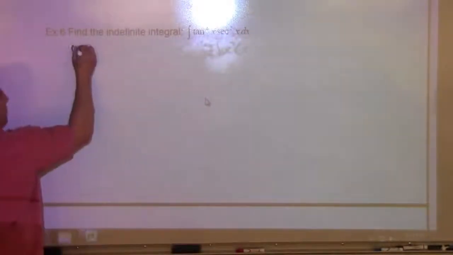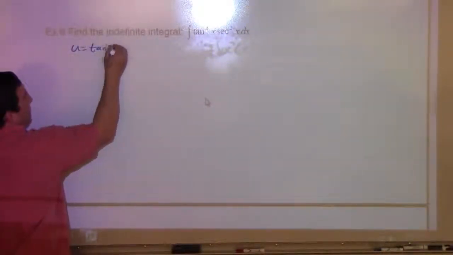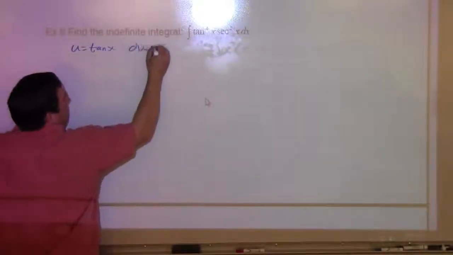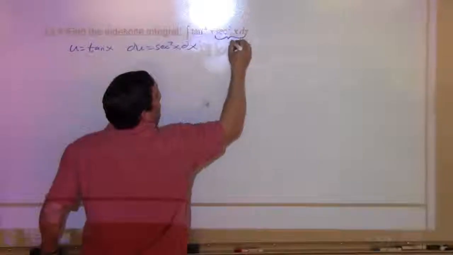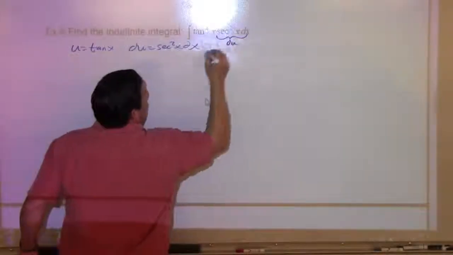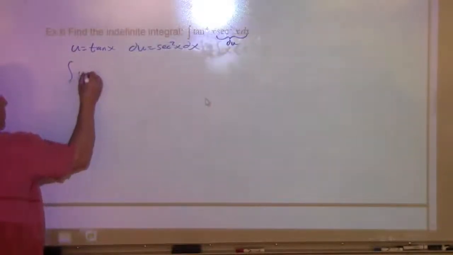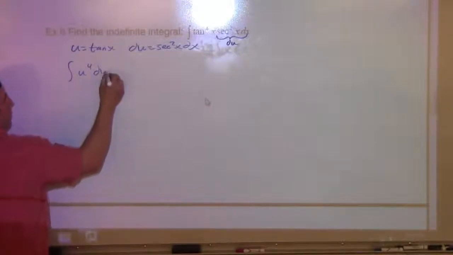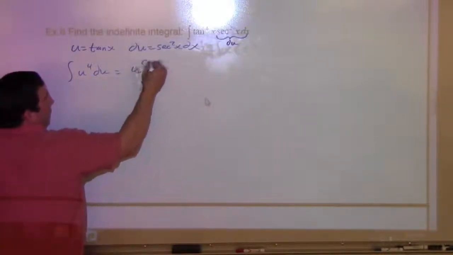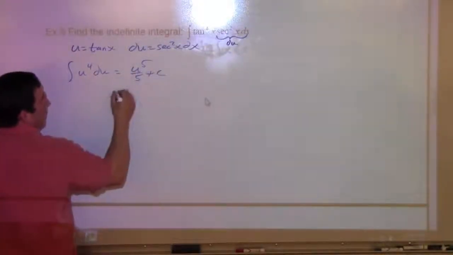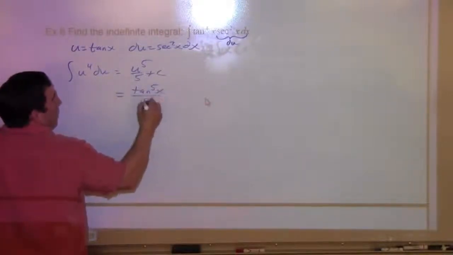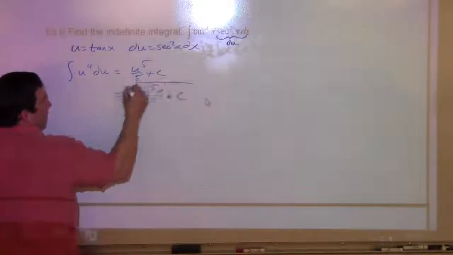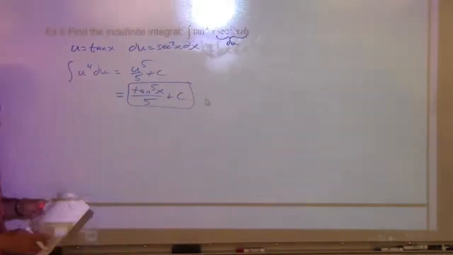So if you say u equals tangent x, our du is going to be secant squared x dx. So this part is our du. So we have the integral of u to the 4th du. That becomes u to the 5th over 5 plus c, which is tangent to the 5th of x over 5 plus c. Pretty straightforward.